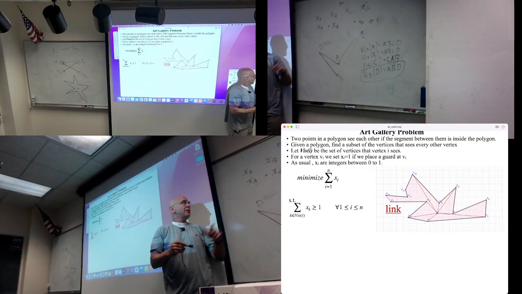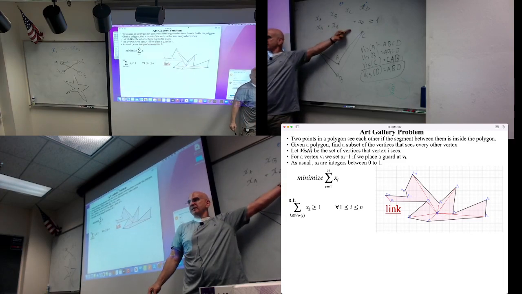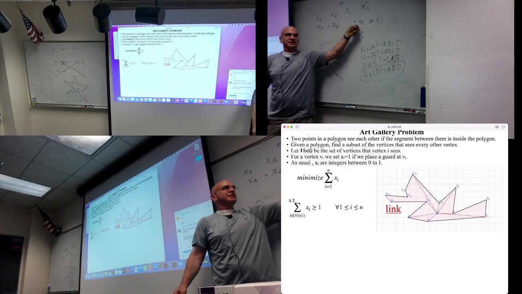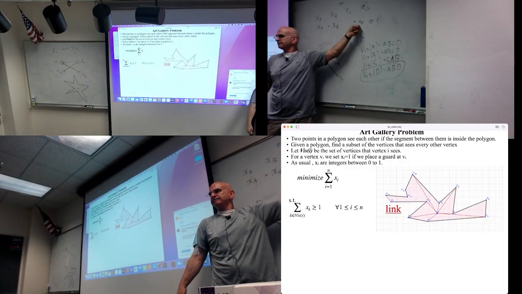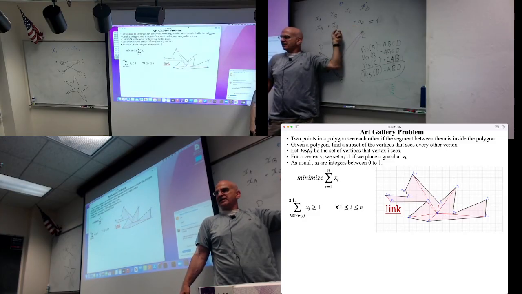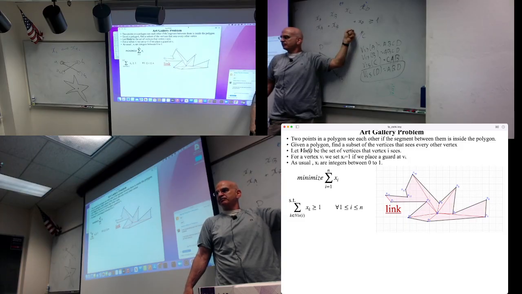Why? Because if none of these 3 is picked, if this is 0 and this is 0 and this is 0, then D will stay unguarded. And somebody will see it and will never know about it. So for these 3 vertices, one of these 3 must be picked.